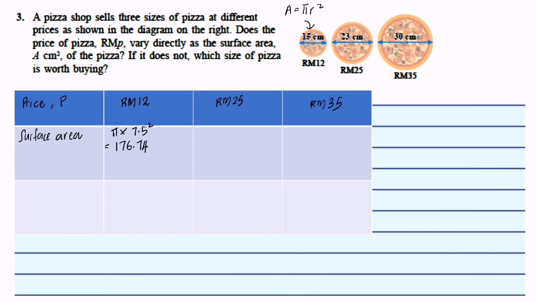The surface area of the second pizza: pi times the radius, which is 23 divided by 2 equals 11.5. So pi times 11.5 to the power of 2 equals 415.53.